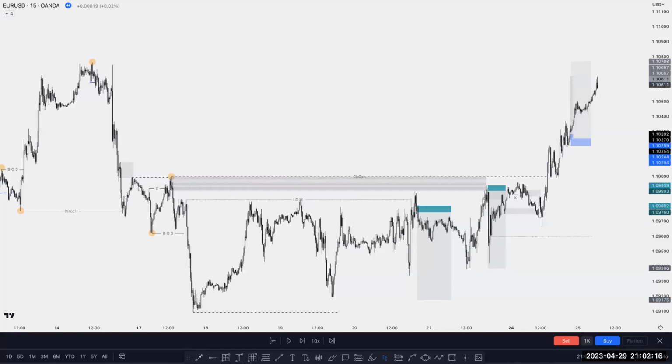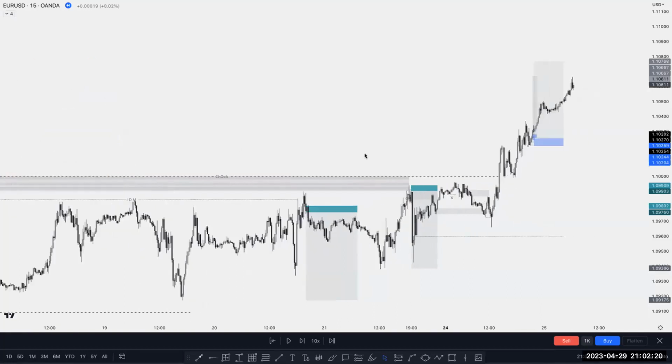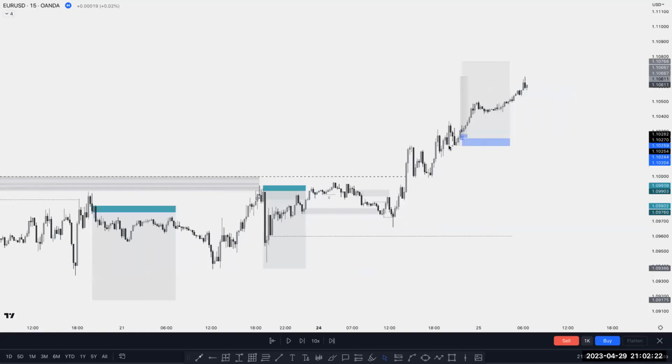Why don't you consider inducement? So this one is an inducement sweep and single candle order block mitigation and buy. Single candle order block in a higher time frame, we need inducement in a lower time frame.